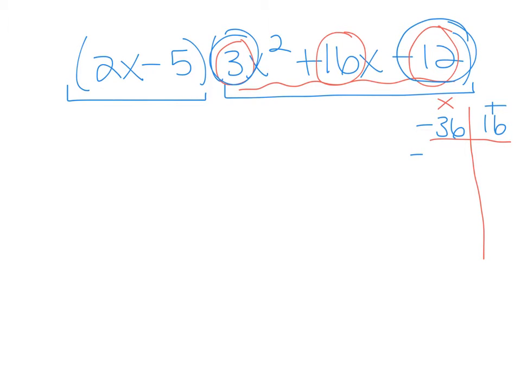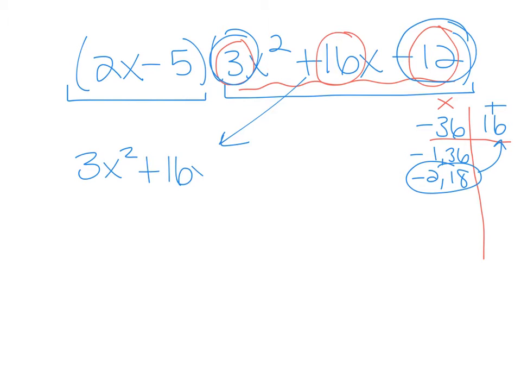So if I start with -1 and 36, -2 and 18, if I circle that, I get a sum of 16. 18 minus 2 is 16. So furthermore, we're going to factor this 3x squared plus 16x minus 12 equals 0.